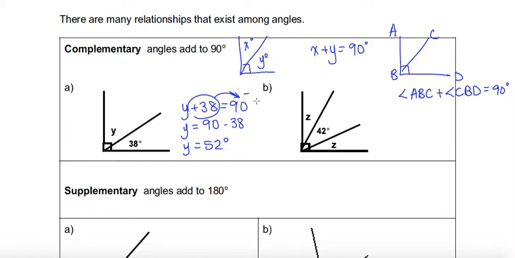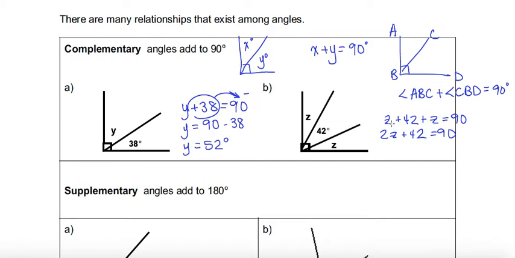For part B, I know that each of these angles, when I add them together, is going to give me 90 as well. So I have Z plus 42 plus Z is equal to 90. So I'm going to combine my like terms. So I have two Z's. So 2Z plus 42 is equal to 90.